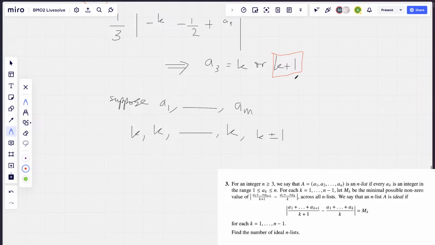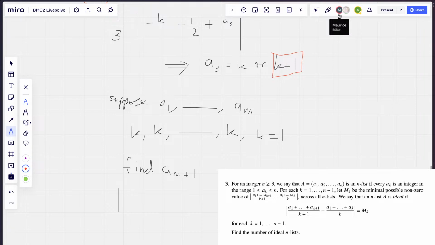And now we just find A_{m+1}. So A1 up to AM.